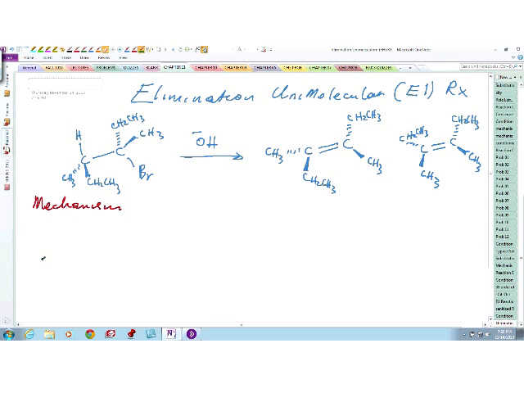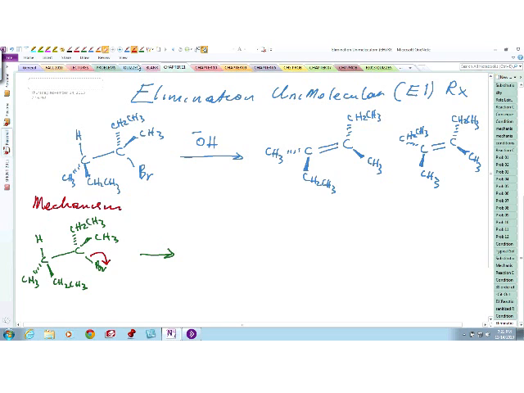Let us write this out again. The first thing that happens in the E1 reaction is the cleavage of the bond between the carbon and the leaving group, resulting in the formation of a carbocation.